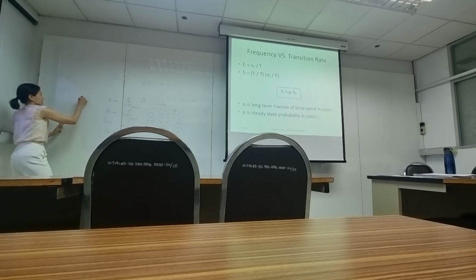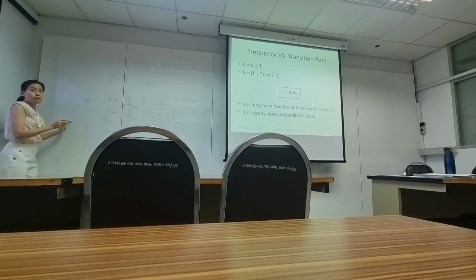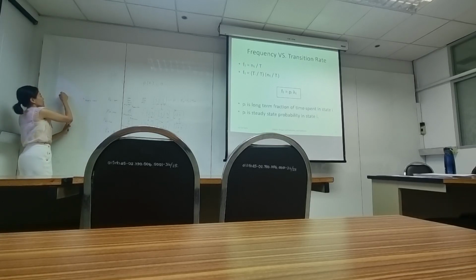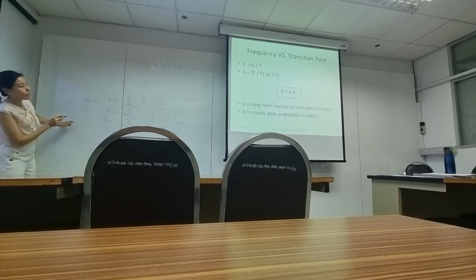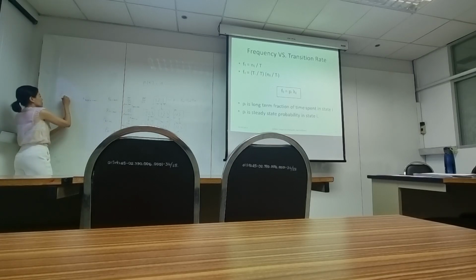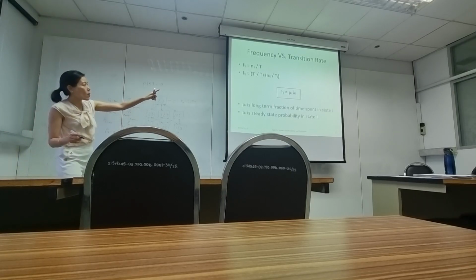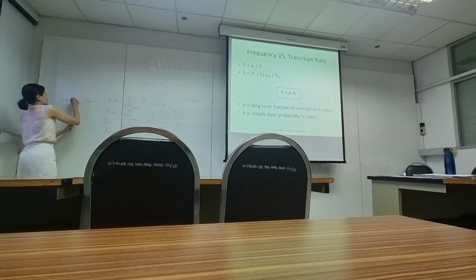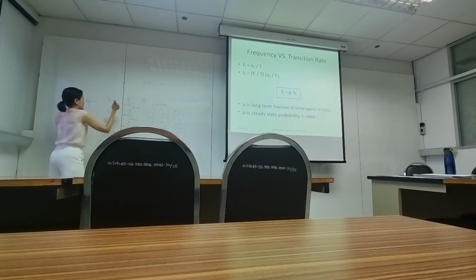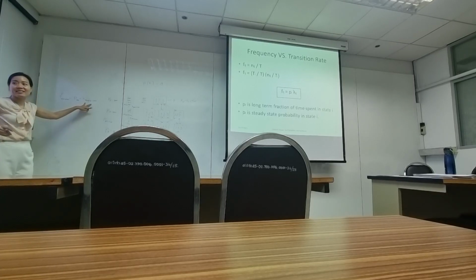From the rate 300 to 200, what it means is the frequency of going from 300 to 200 will be equal to the probability of being here at 300 multiplied by the rate.